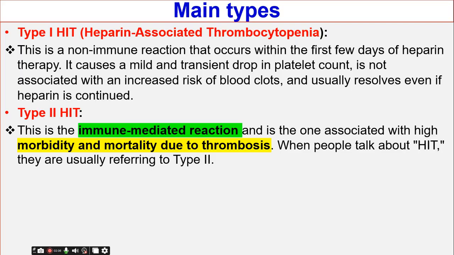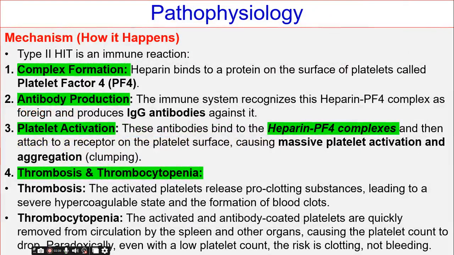So what is the pathophysiology of HIT, or the mechanism of heparin-induced thrombocytopenia? It can be caused by multiple cascades. The first one is the combination of heparin and platelet factor 4 that leads to a complex between the heparin and the platelet factor 4.